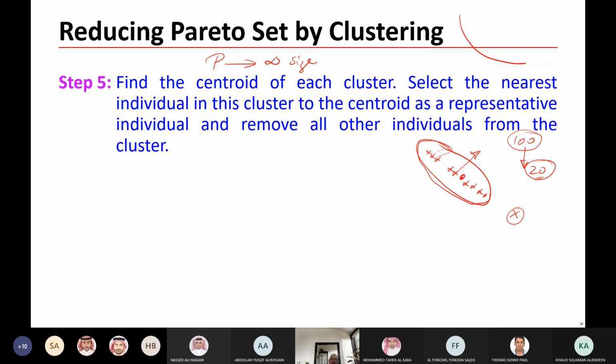What you need to get here is, for example, only 20 solutions or 50 solutions or 30 solutions. This is a parameter that you can set. As you set the population size, you can also set the maximum size of the Pareto set. So this is a key parameter that you can set here.